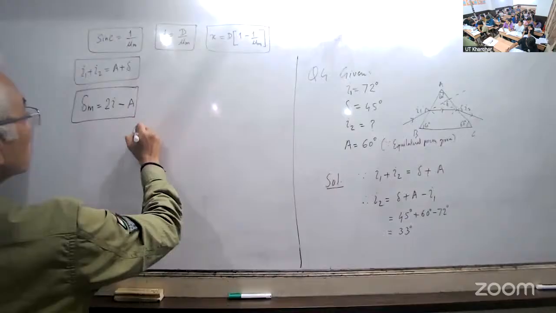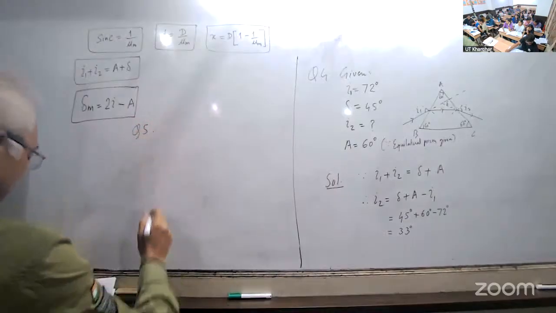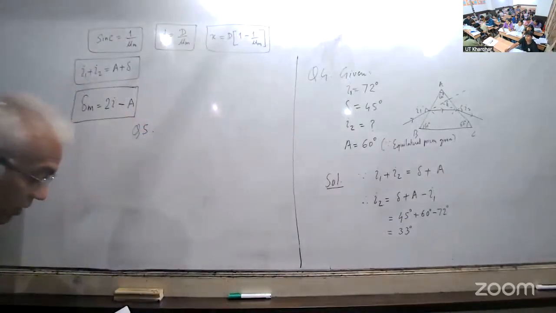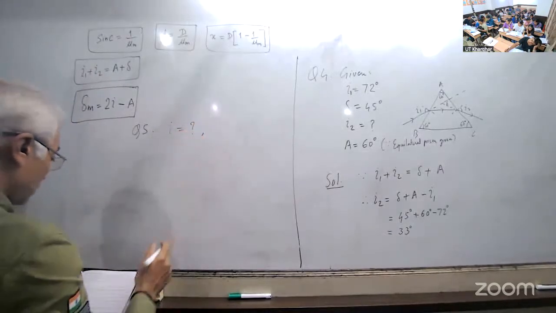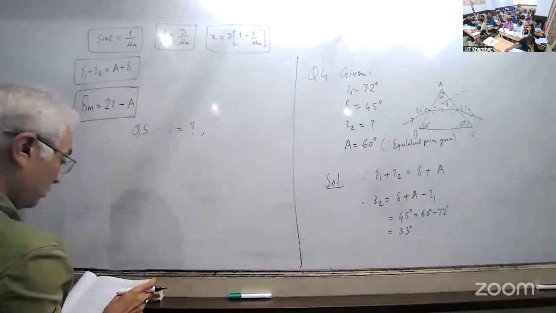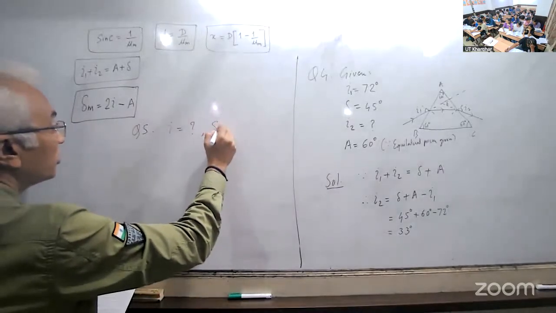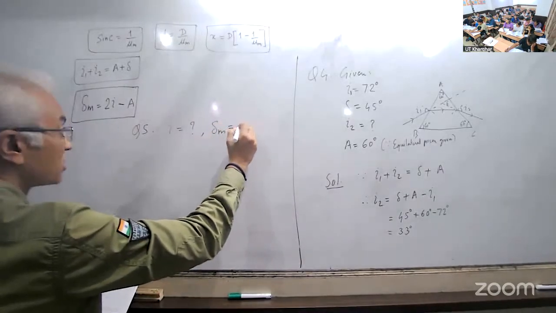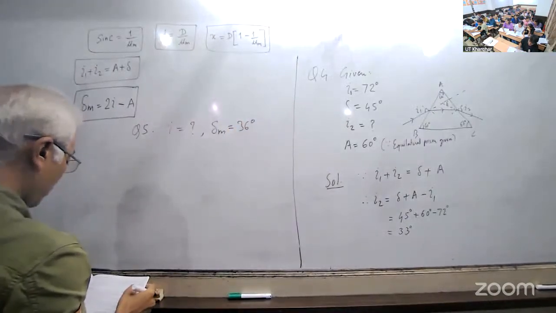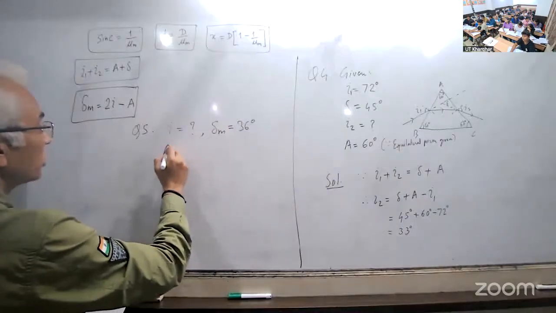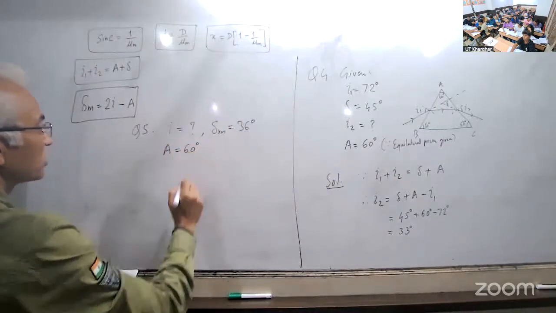Now question 5. What should be the angle of incidence? Angle of minimum deviation is now given. How much is this? 36. Through equilateral prism. So equilateral में फिर से ये you have to take 60.